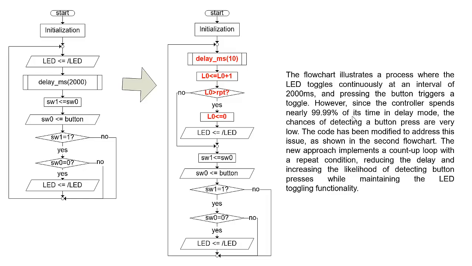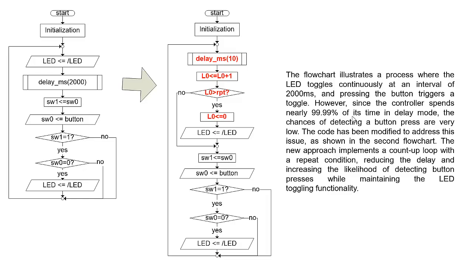Therefore, we need to change the code or the sequence of the code by introducing a time delay, then use a loop variable, called loop, for example. We increase that loop until it is greater than the repetition that we want. So if the time delay is 10 milliseconds, the loop repetition is 200 times.